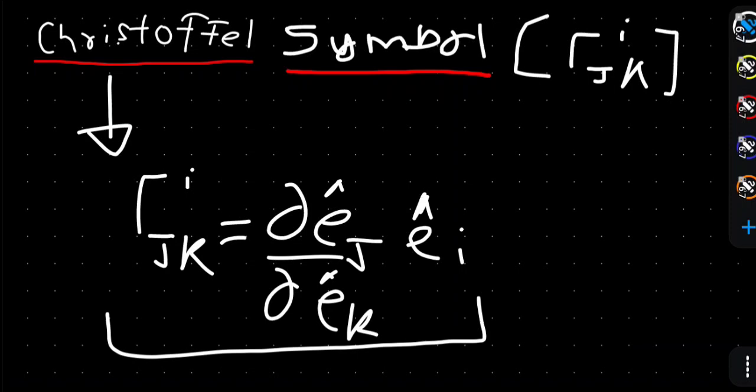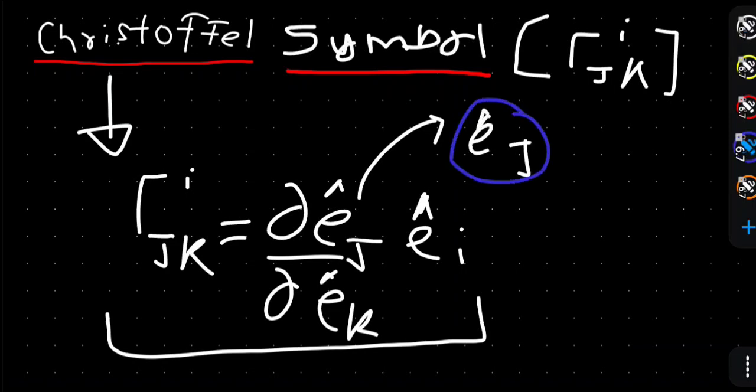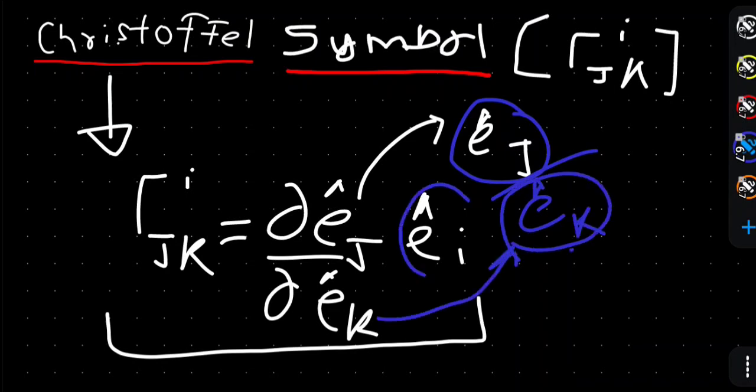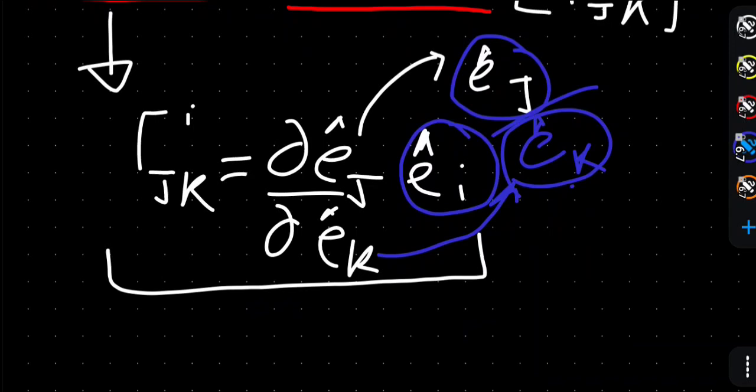This is a partial derivative, so it represents the change: the small change in the basis vector e subscript j, with respect to this particular basis vector, in the direction of e hat i. This is the simple meaning of the Christoffel symbol, and you can see that it tells us how the basis vectors are changing.